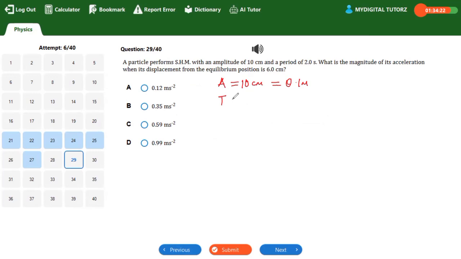So we have capital T, which is 2 seconds. What is the magnitude of its acceleration when its displacement from the equilibrium position, that is x, is 6 centimeters? So x is 6 centimeters, that will give us 0.06 meter.